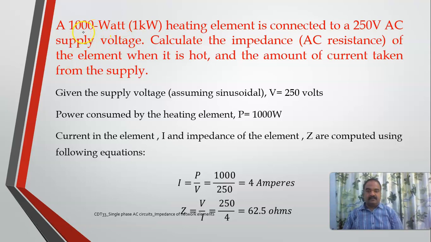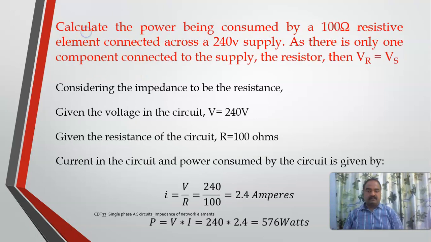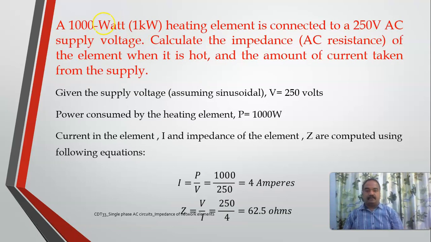See, there is a 1000 watt heating element which is connected to a 250 volts AC supply voltage. And try to remember when I am solving the problems, when anybody mentions that it is a signal, it is mentioned like this, it by default is the RMS value.